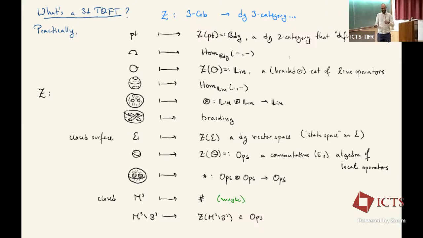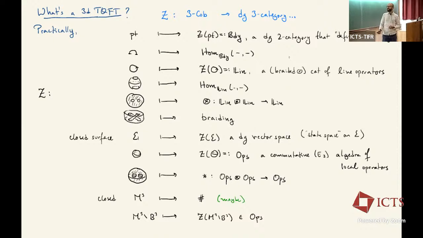And the fact that there's no higher dimension around, and you can move little balls inside a big ball for free, tells you that this product is commutative. And if you're a bit more clever about it and notice that everything is living in the DG world, it's not just commutative, but it's an E3 algebra of local operators.